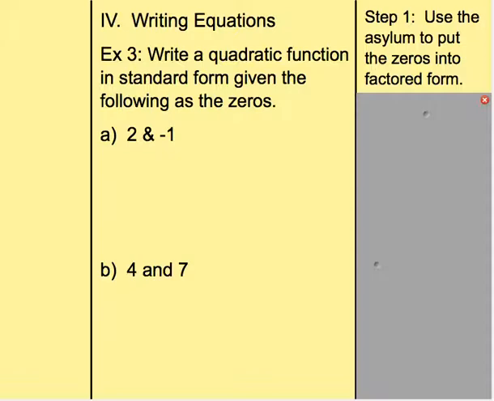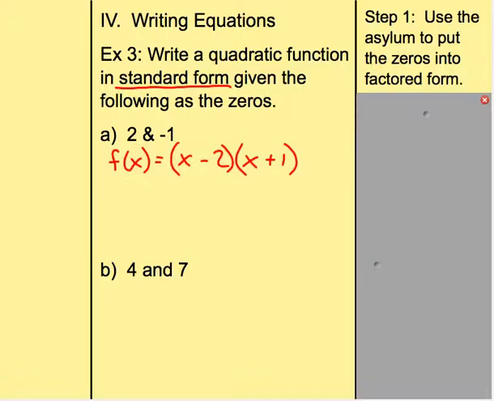So when I'm putting this into a quadratic equation in factored form, when I put my 2 in as the opposite, it becomes negative. And when I put my negative 1 in as the opposite, it becomes positive. So here we have a quadratic function, but it's in factored form, and the directions tell us we need it in standard form. Standard form, remember, is ax squared plus bx plus c.